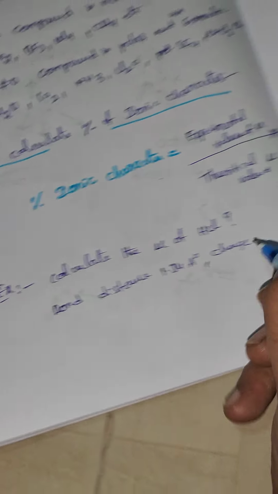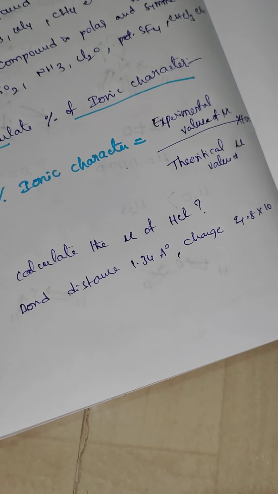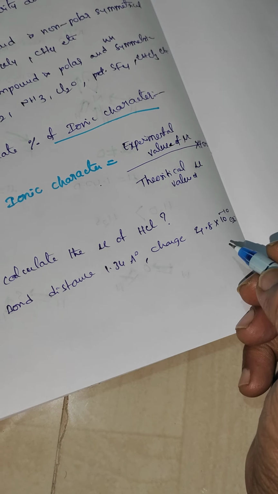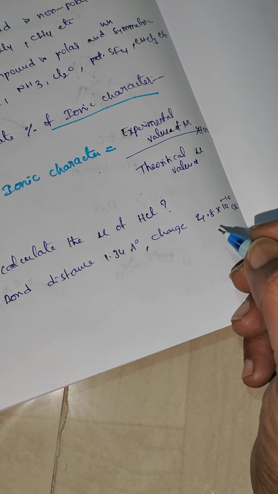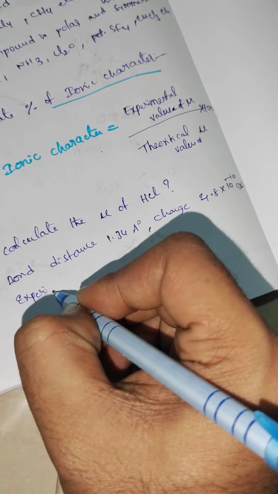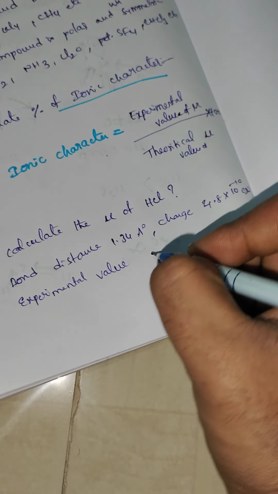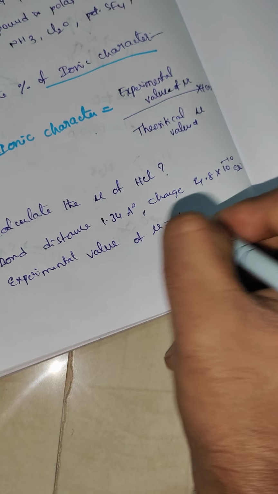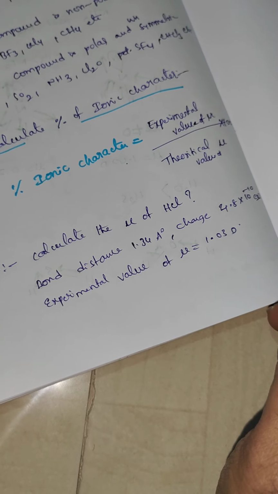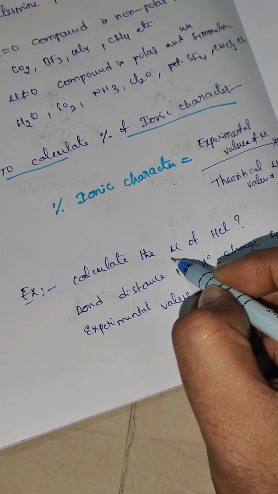Charge 4.8 into 10 to the power of minus 10 ESU. And the experimental value of dipole moment is 1.03 D. Calculate the percentage of ionic character.